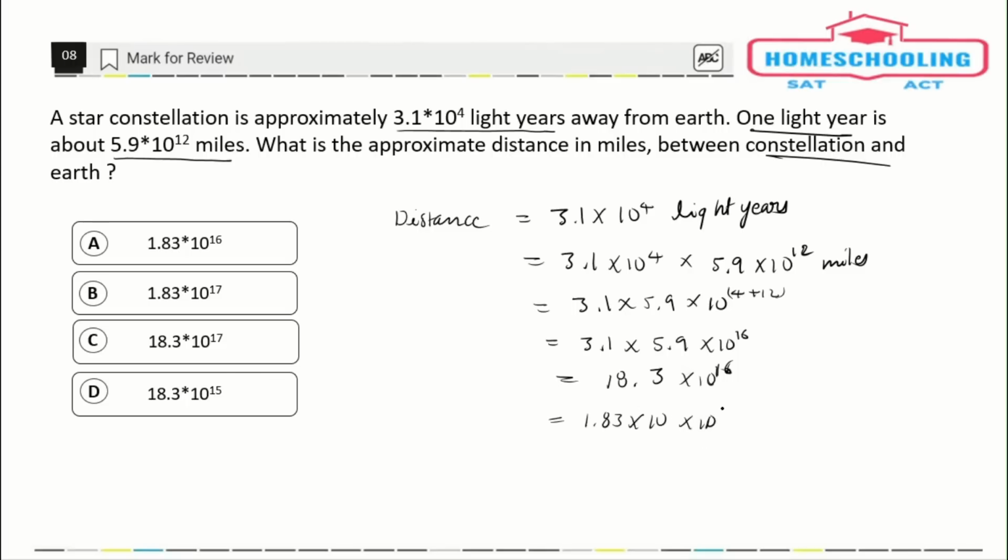So this is 1 and this is 16. So both of them would be 10 to the power 17, 16 plus 1 that would be 17. So 1.83 into 10 to the power 17 miles is your correct answer. Now let's move on to the next question.